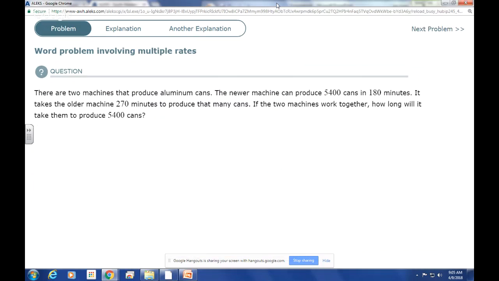So if we look at the problem, it says a newer machine can produce 5,400 cans in that amount of time. Okay, so it's not saying one job, it's saying how many jobs or cans. How many cans does it do?